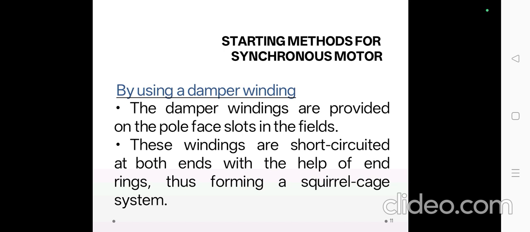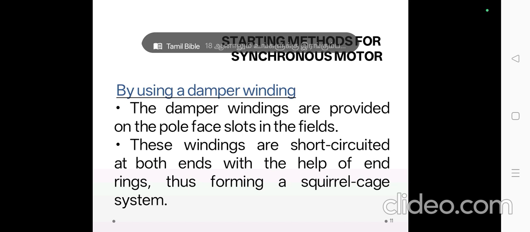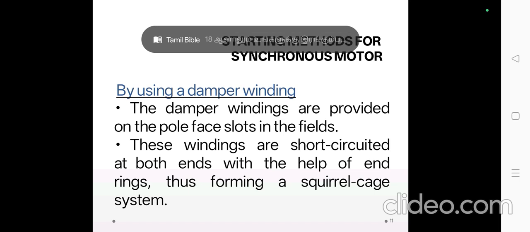This winding is short circuited like a squirrel cage rotor winding of the induction motor. Once the stator is excited by three-phase supply, the motor starts rotating as an induction motor at subsynchronous speed. Then DC supply is given to the field winding. At the particular instant, the motor gets pulled into synchronism and starts rotating at synchronous speed.